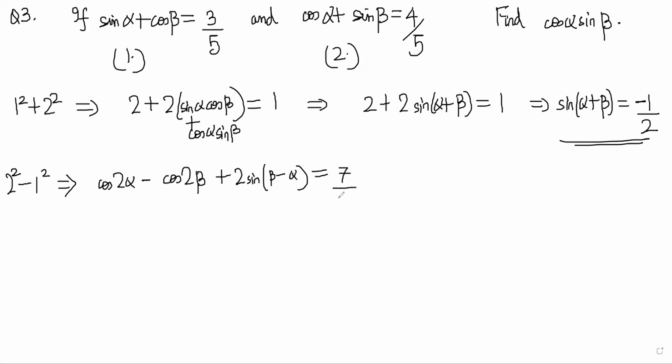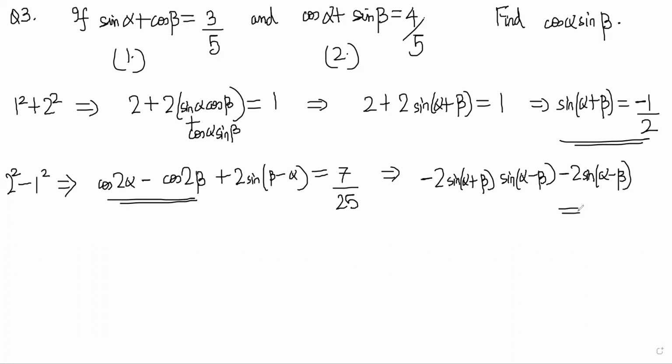This is equal to 7 by 25, which comes because 16 by 25 minus 9 by 25, right? And if we use the formula for cos C minus cos D here, we write it like this. You get minus 2 sine (alpha plus beta) multiplied by sine (alpha minus beta) minus 2 sine (alpha minus beta) is equal to 7 by 25.